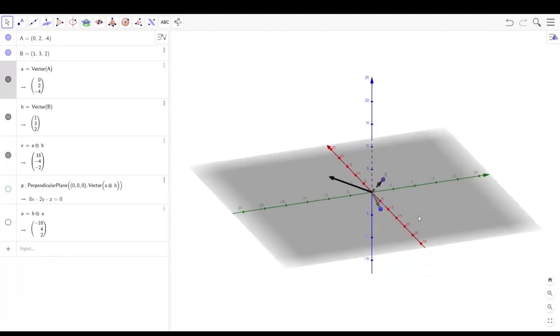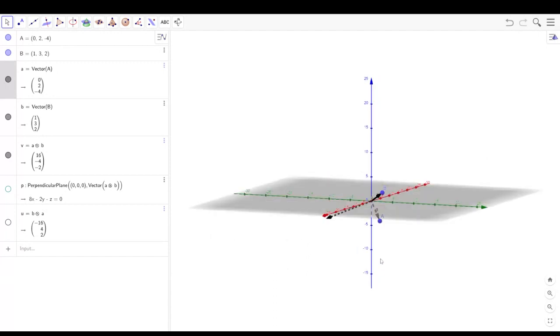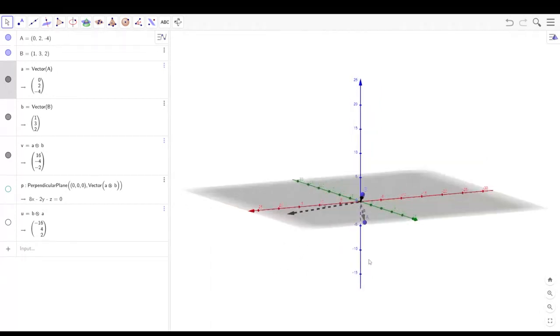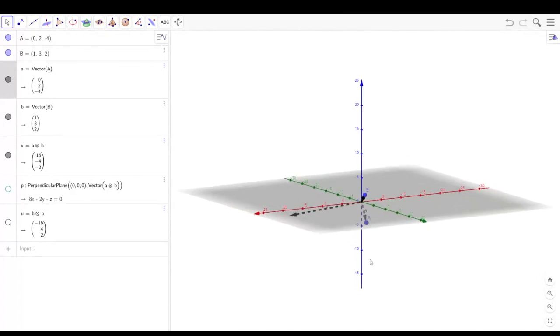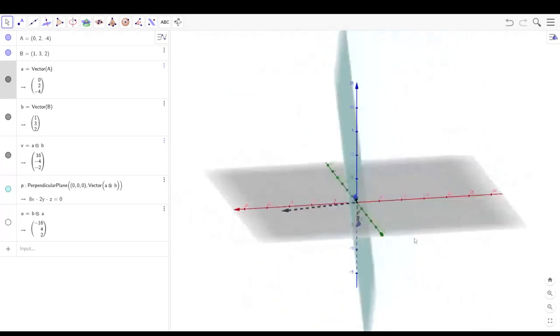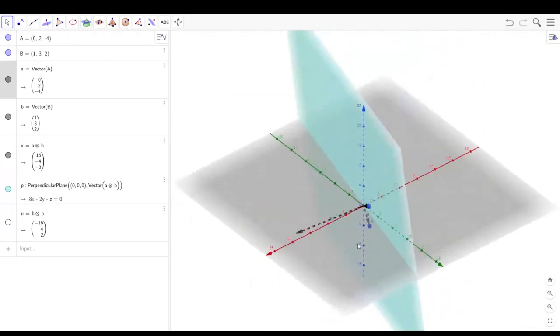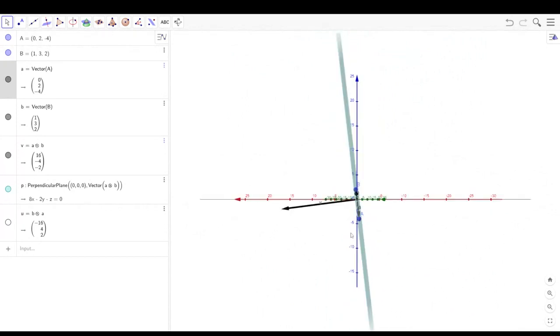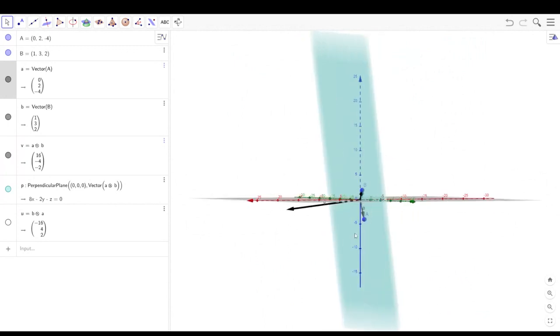Now, what does it mean? What have I got there? Well, I've got a third vector, a bit longer than the other two in this case, and it looks like there's some sort of relationship there. So I'm going to put in the plane that's spanned by the vector A and B. So it goes through the point A, the point B, and the origin. That cross product, that third vector, is perpendicular, normal to the plane.